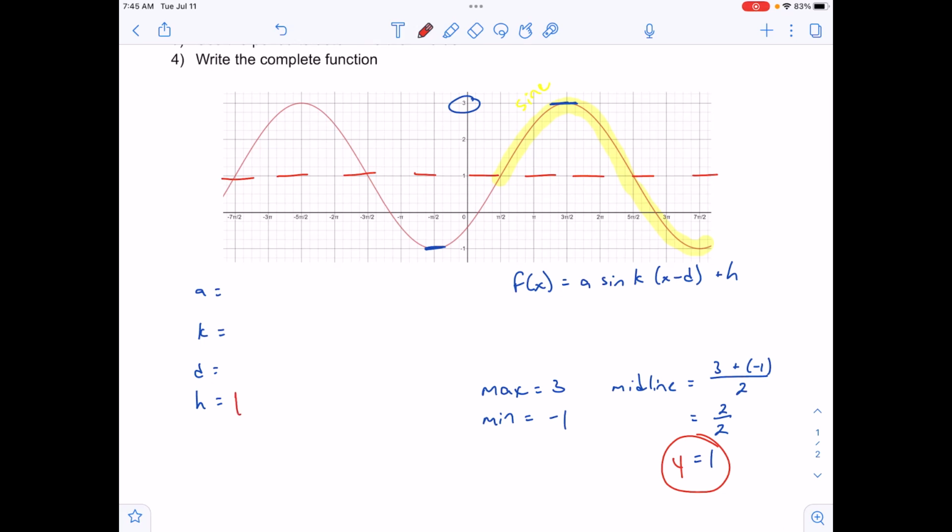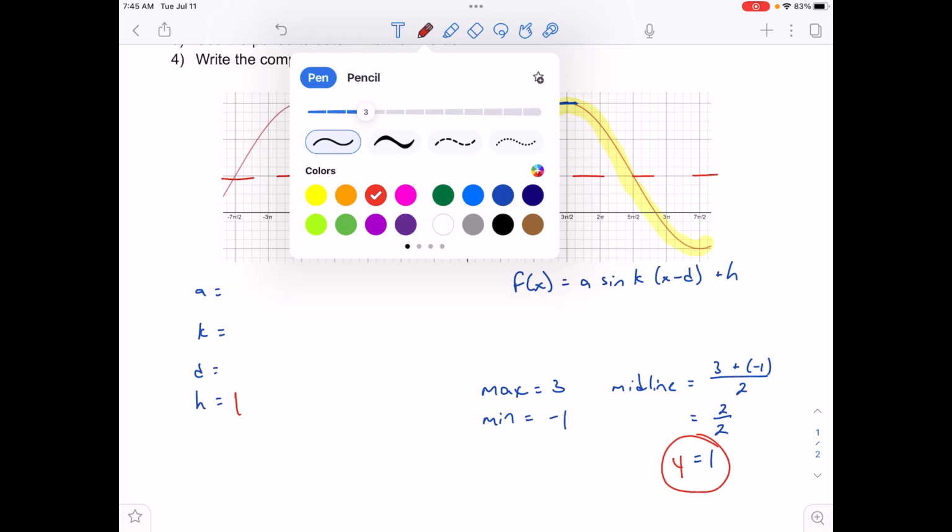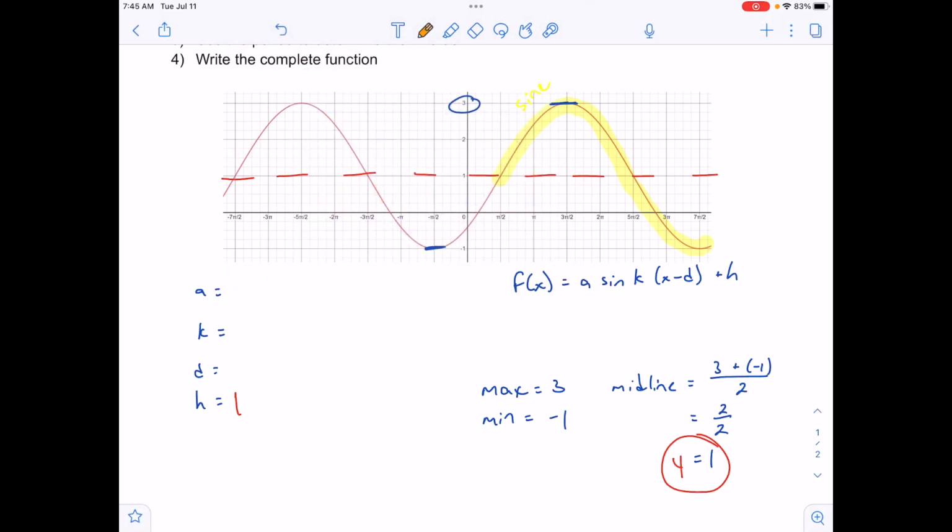Now that we've got our midline on our graph, we can see the amplitude pretty easily. Recall that amplitude is the distance from the midline up to the max, or the distance from the midline down to the min. My midline is at 1, my max is at 3, so the distance between 3 and 1 is 2.